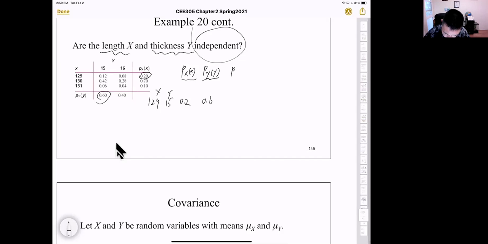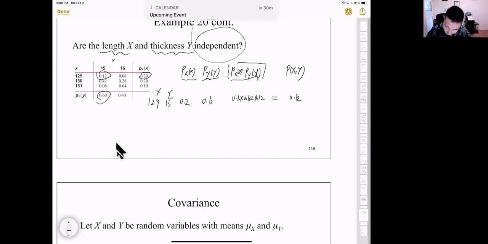And pxx times pyy will equal 0.2 times 0.6, which is equal to 0.12. So we check if this is equal to pxy, and pxy is here, 0.12. So yes, in this instance, pxx times pyy is equal to pxy.